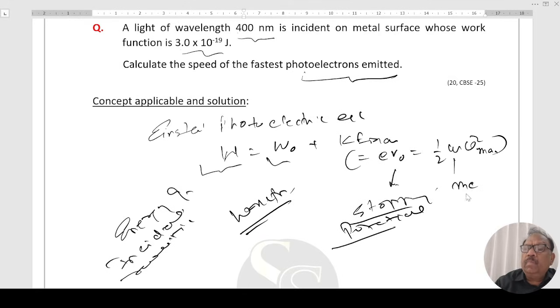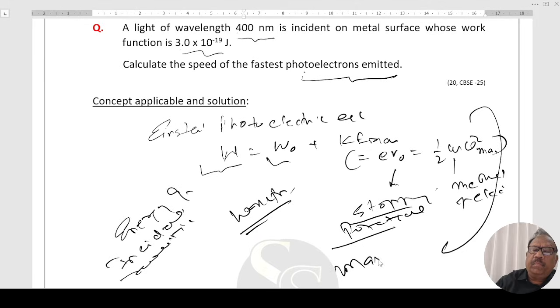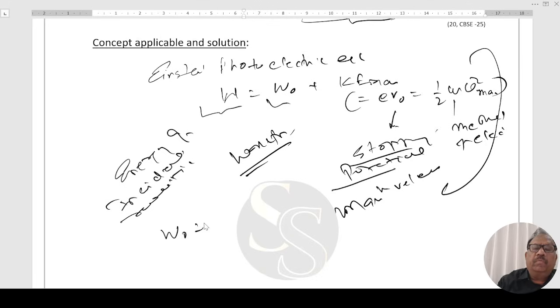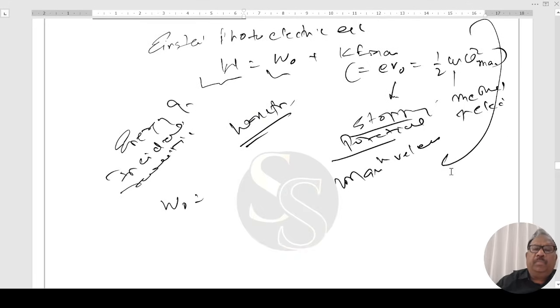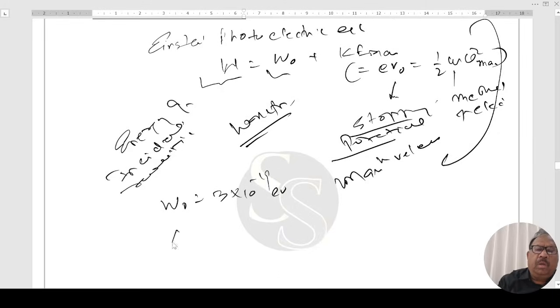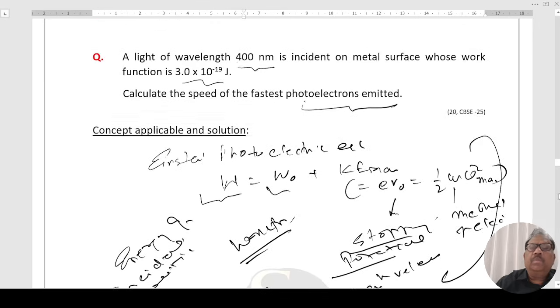This is the mass of the electron emitted, and this is the maximum velocity of the electron. According to the question, the work function W naught is given to you, C into 10 to the power minus 19 eV, and wavelength lambda is 400 nanometer.